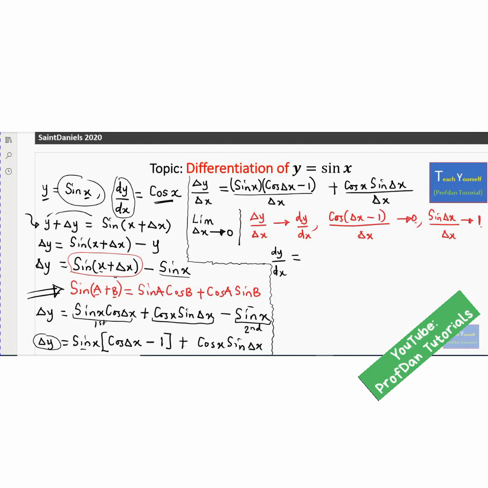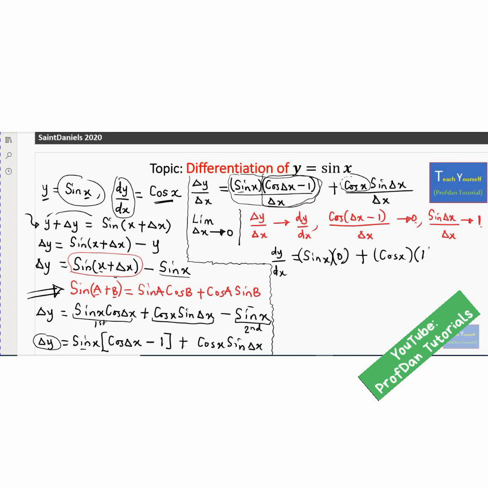If we look at the first term, we have sine x out, and its product, cos delta x minus 1 over delta x, as delta x tends to 0, gives 0. Then we go to the next term, where we have cos x, and we are left with sine of delta x divided by delta x, which tends to 1.